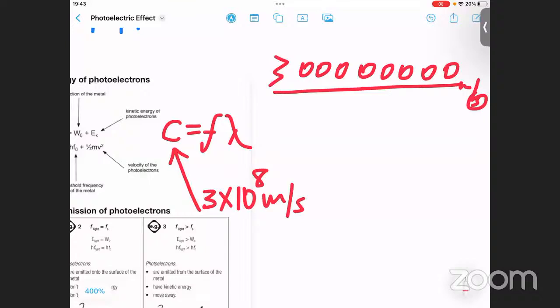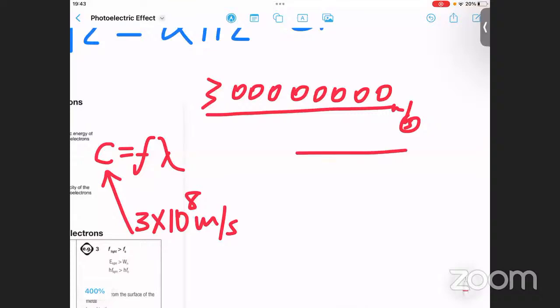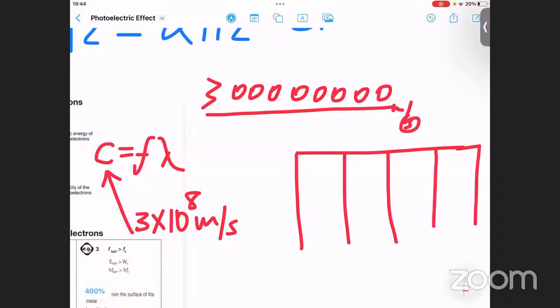Let me give you guys an idea of what happens there. You know, at a parking lot, you've got these things, honorable members, where you park your car. This distance is about 5 meters.